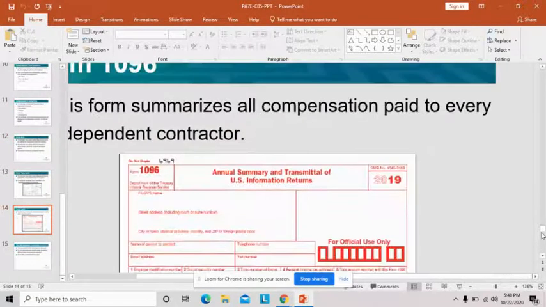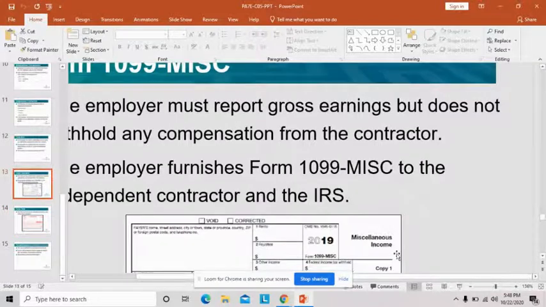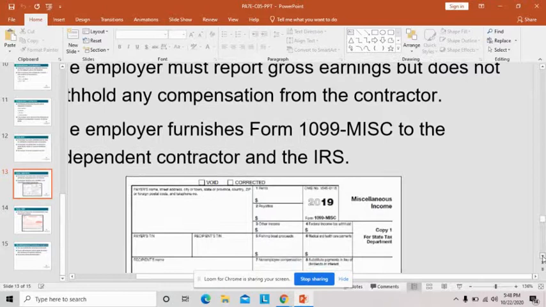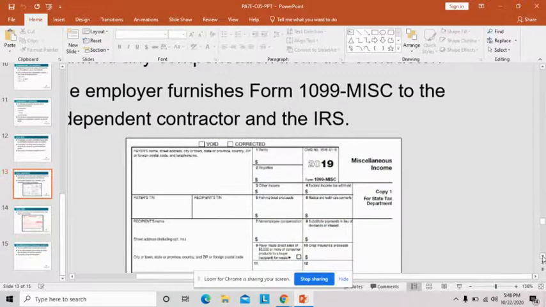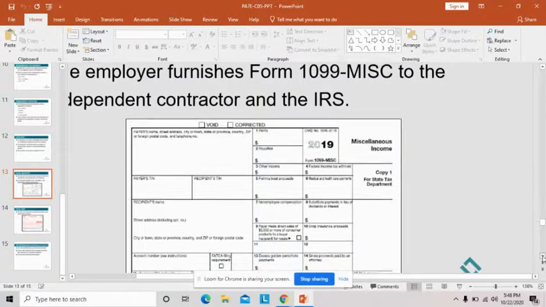So here's a view. 1099 miscellaneous. So for contractors, as you remember from the practice set, chapter 5, you filled out the non-employee compensation, the amount that was provided in the practice set.